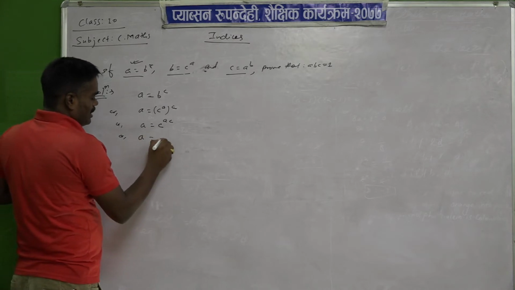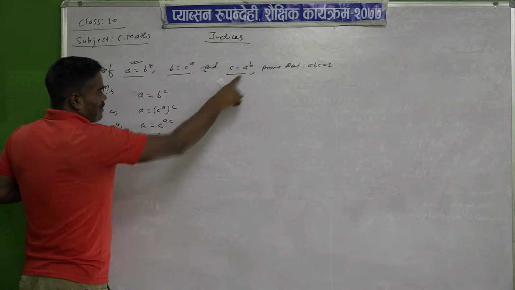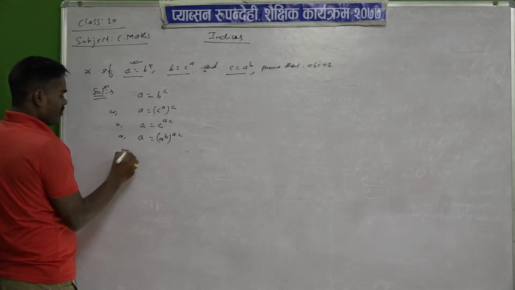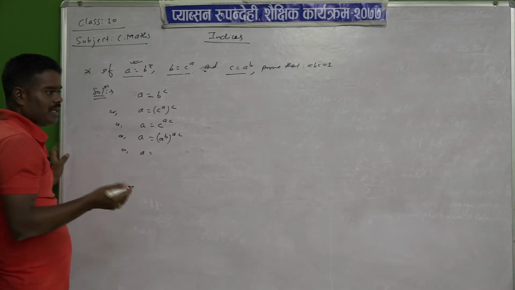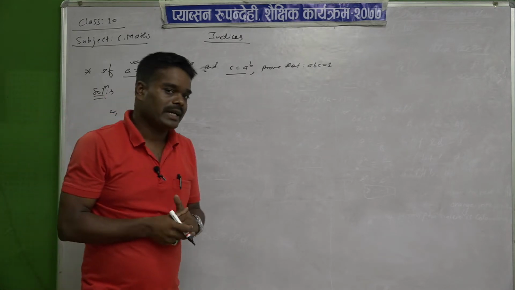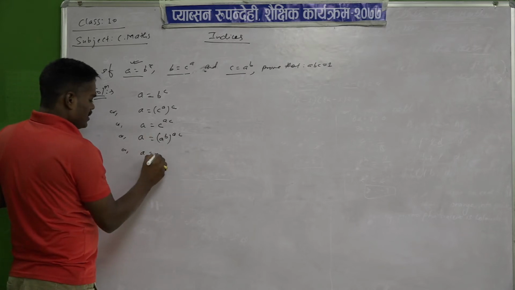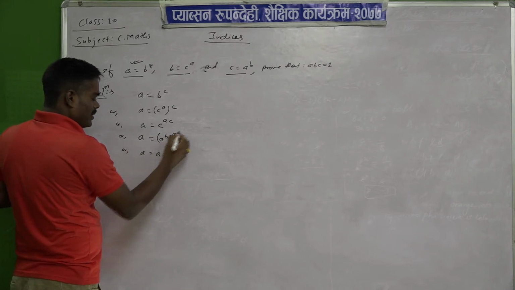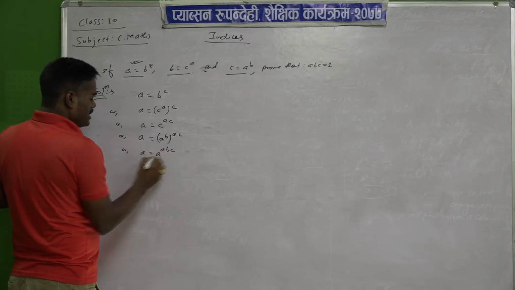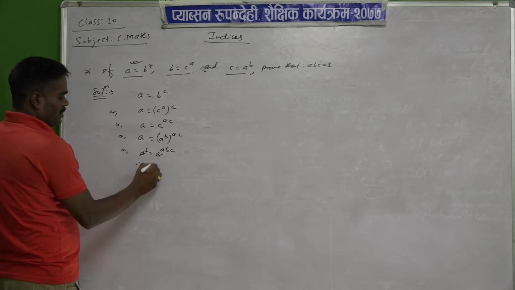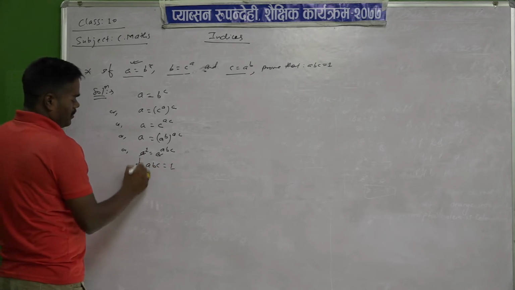So, in place of c, a power b, and whole power ac. Again the same rule: if power over power, then they are multiplied. So b whole power ac. So it became b into ac, means abc, and what is the power here? 1. So this cancels, therefore abc equals 1.